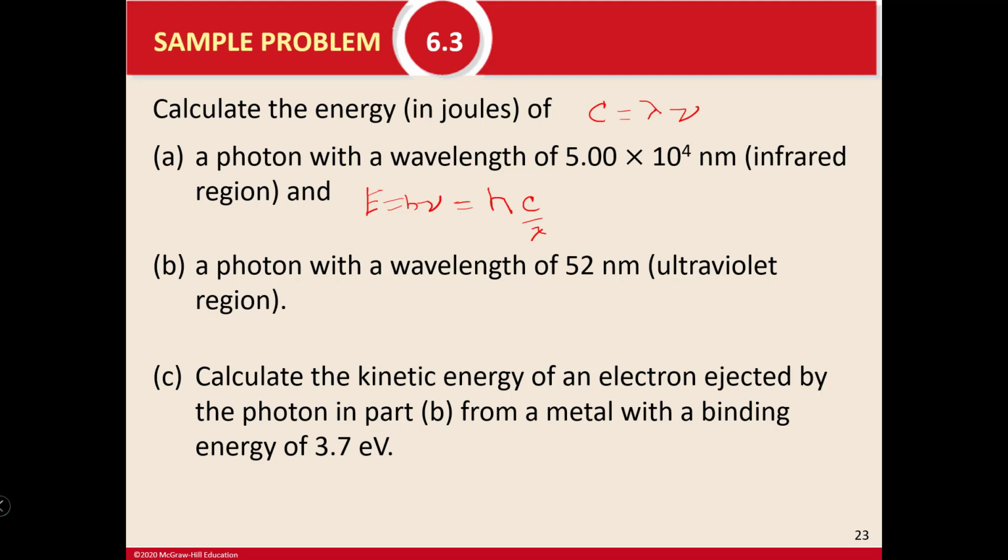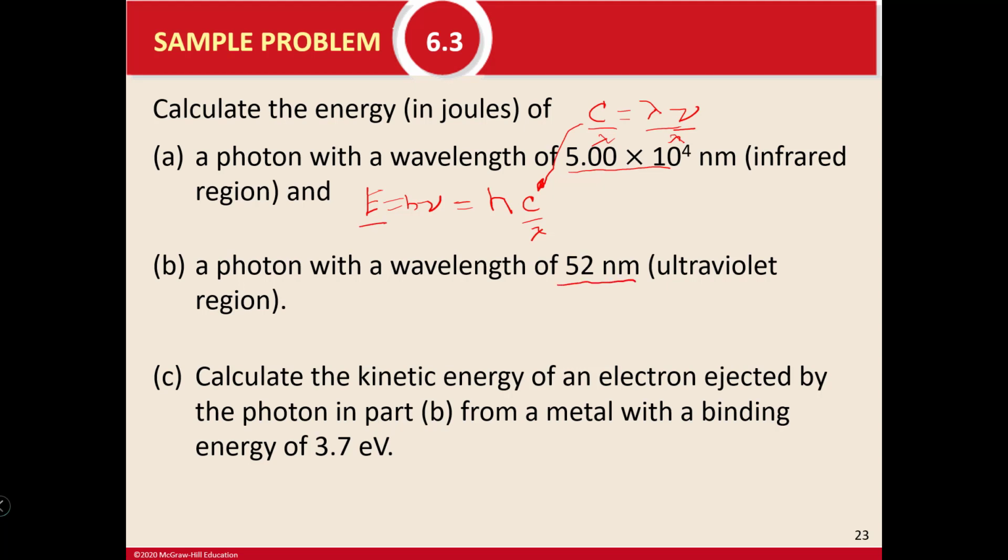Since we're given the wavelength, we want to solve for frequency. So we divide both sides of this equation by wavelength, and then we substitute that in for frequency there. So that's how you're going to do the first 2 parts. And you're going to find that the shorter the wavelength, the higher the energy.